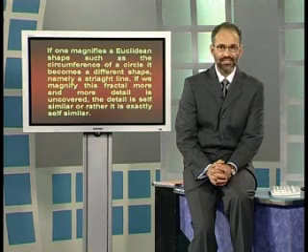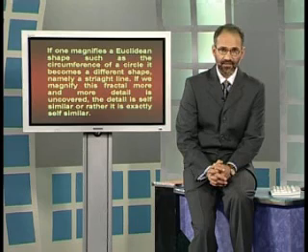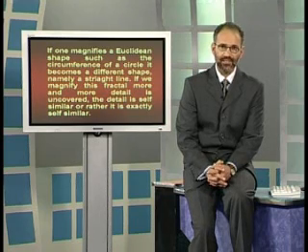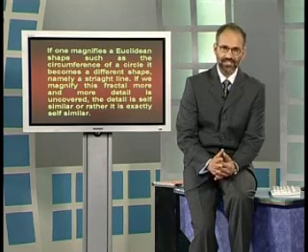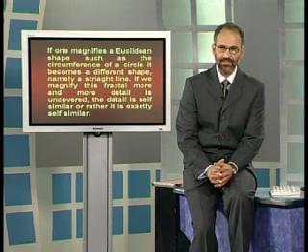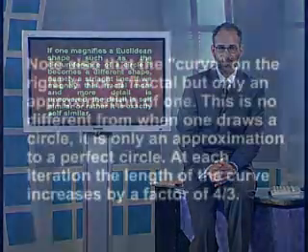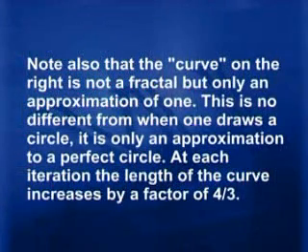The detail is self-similar, or rather exactly self-similar, theoretically speaking. Although, as I said earlier as well, practically speaking, we may have certain statistical self-similarities defined, but the overall look would be quite self-similar. Note also that the curve on the right is not a fractal, but only an approximation of one.